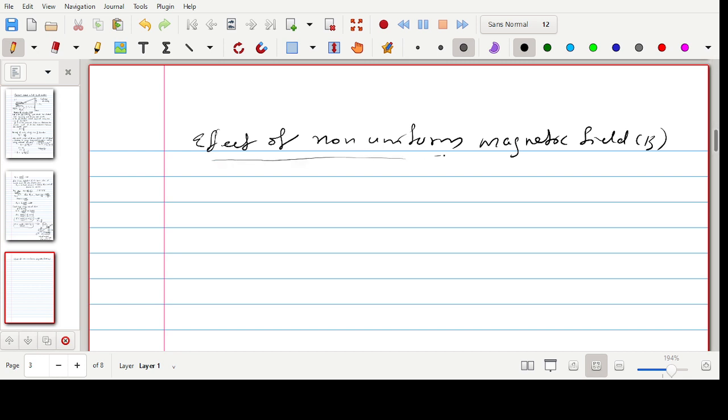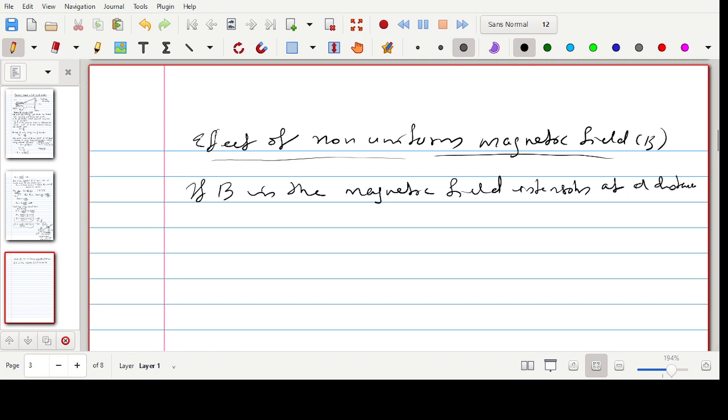The effect of non-uniform magnetic field. So in the magnetic field, if B is the magnetic field intensity at a distance x, then the magnitude of magnetic force F is equal to eVB.